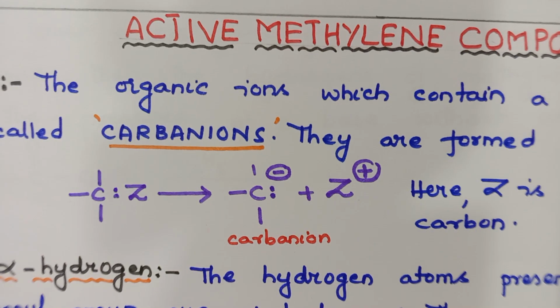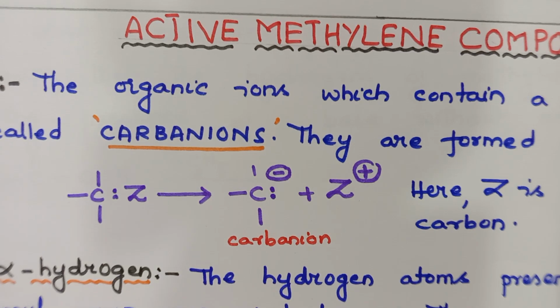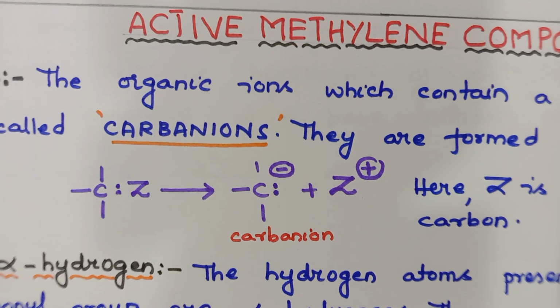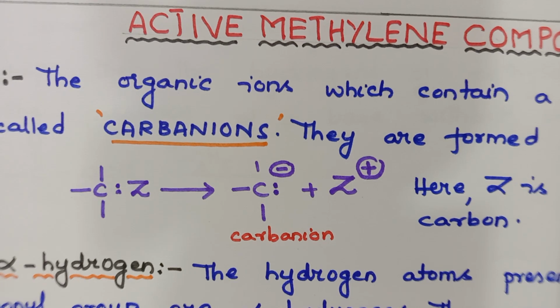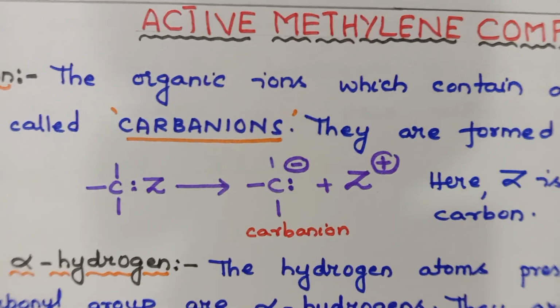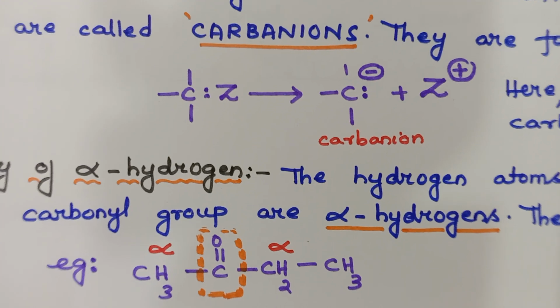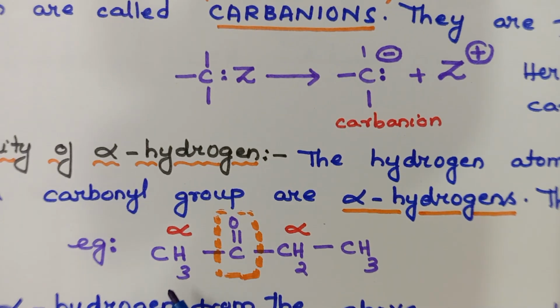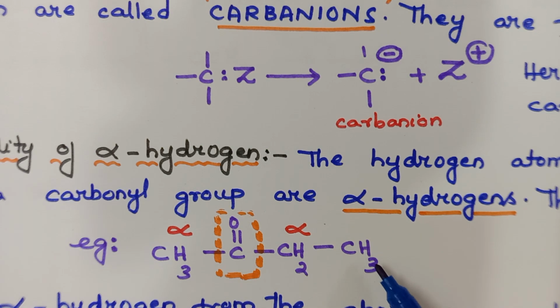Next, moving on to acidity of alpha hydrogen. First you should know which hydrogen atom we call an alpha hydrogen. Look here, students, I have mentioned an example: CH3, C double bond O, CH2, CH3. How many carbons are there?